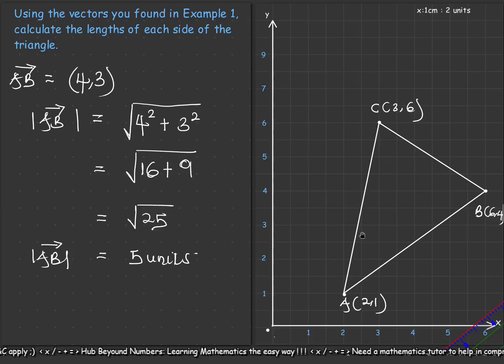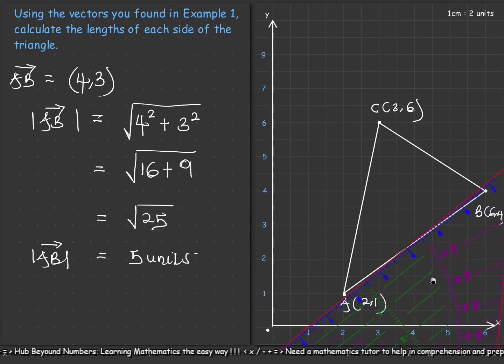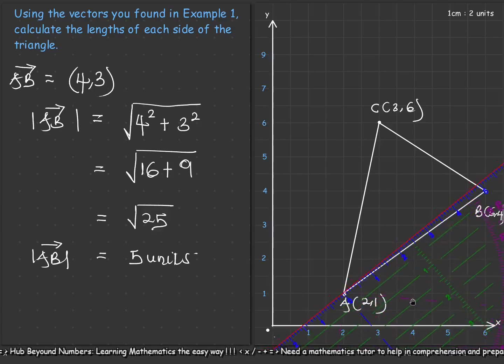Now, let's see how true that is when we take a ruler. Provided your scales are perfect, because as you can see here, I have said my scale is 1 centimeter is 2 units. So, provided you had an accurate scale, you can even measure to confirm your calculation. So let's measure and see.